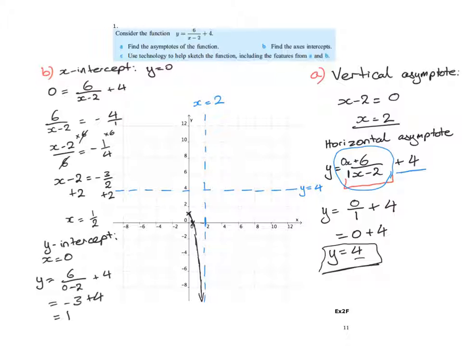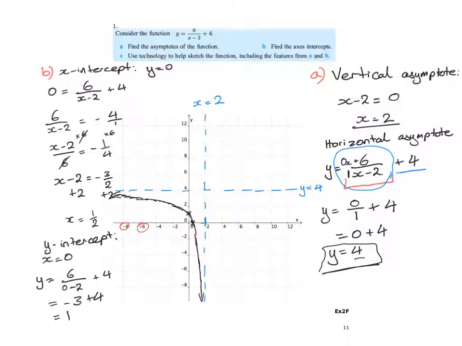Okay, so if that's that shape, then clearly we're going to be going upwards. But wait a minute, we've got another horizontal asymptote, so we're just going to approach this asymptote and go in that direction. If you're not sure about that, sub in x values like -6 and -8 and even like -20. You'll see in your calculator that we get close to 4 but don't quite pass it.